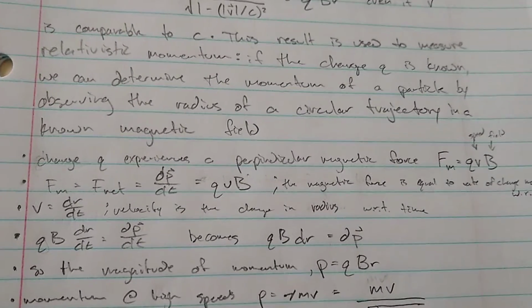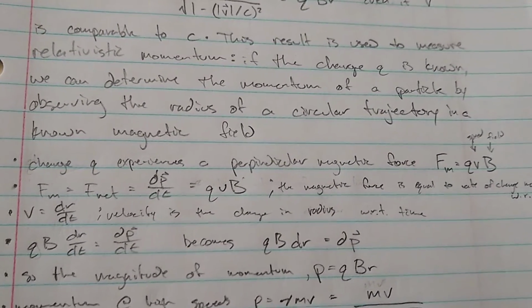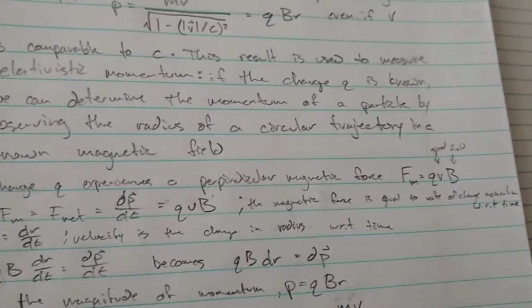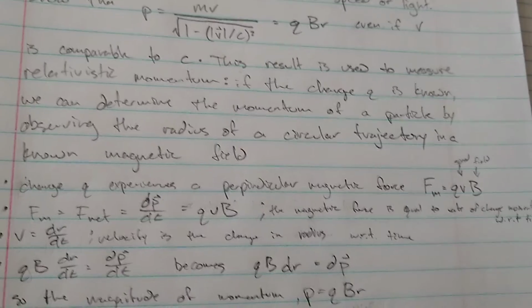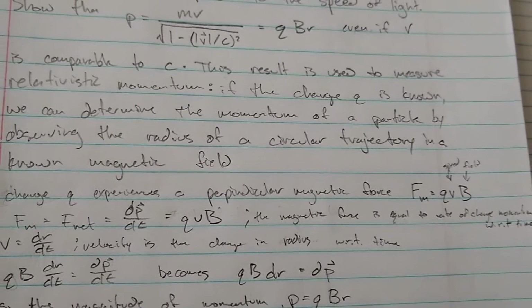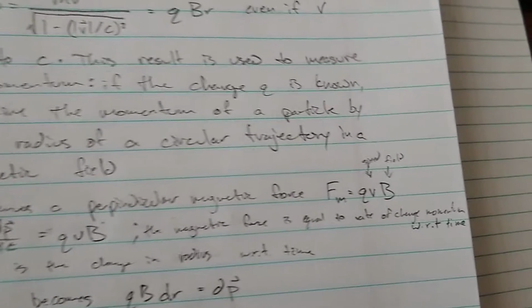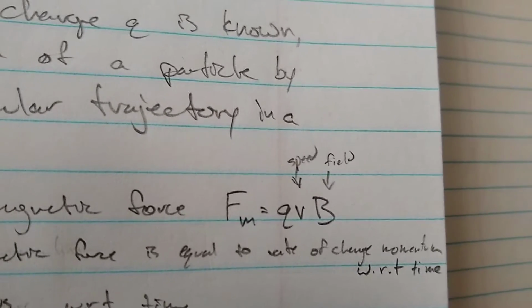Okay, so the charge Q experiences perpendicular magnetic force, which we just showed, and so we have this equation right here.